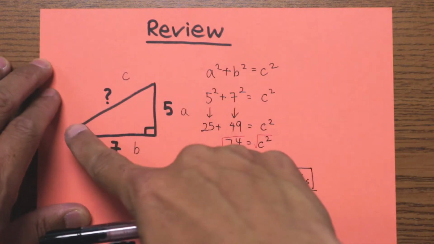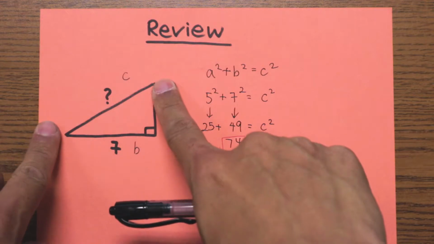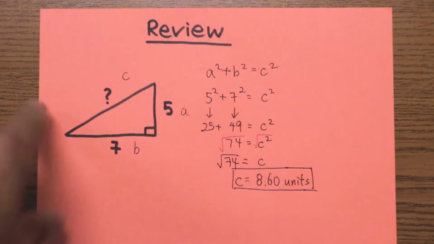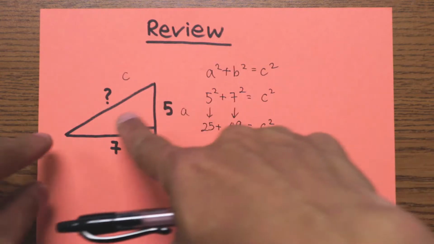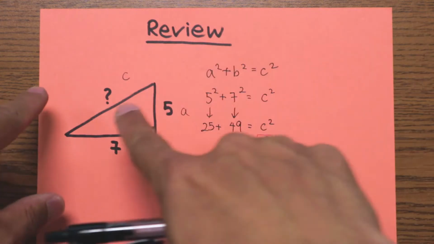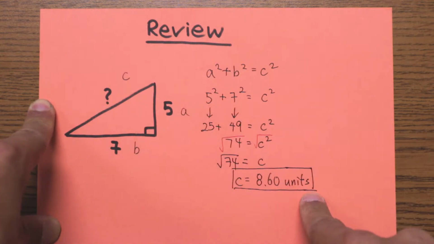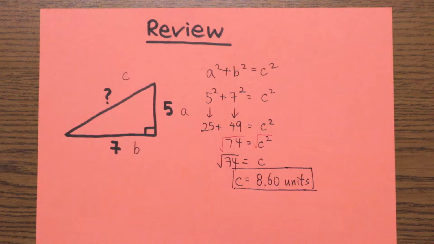That means the length of this hypotenuse is 8.6 units long. And the hypotenuse is always the longest side in a right triangle, doesn't matter what kind of right triangle. The side not touching the right angle is always the longest side compared to the other two sides, which are the legs.